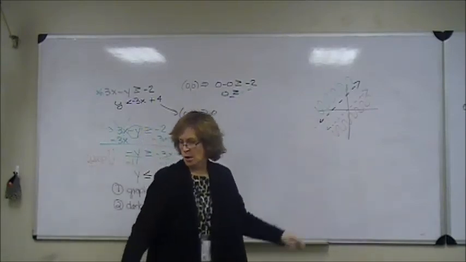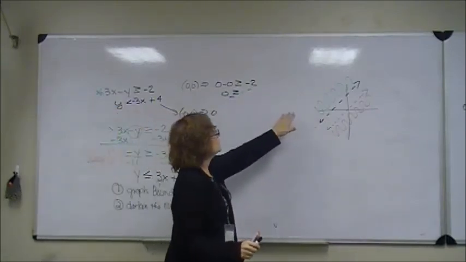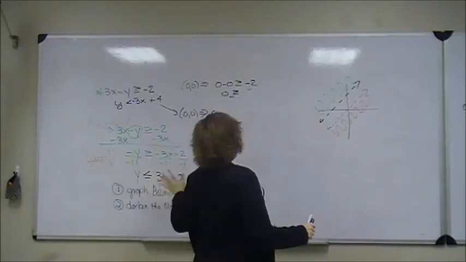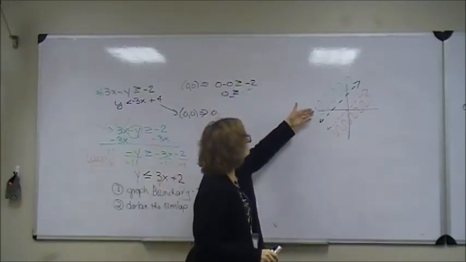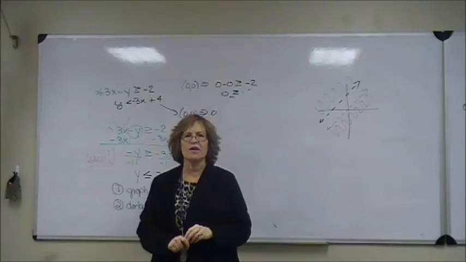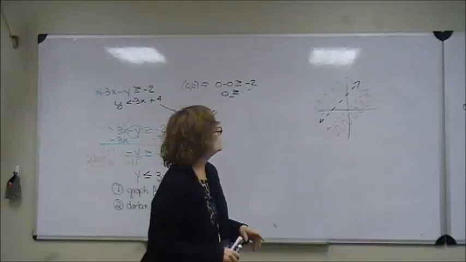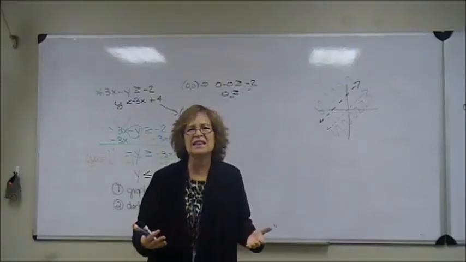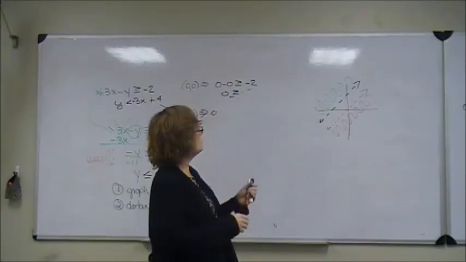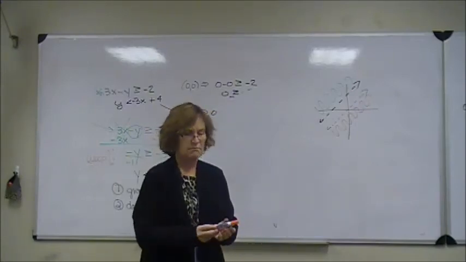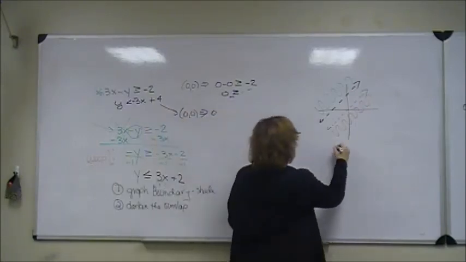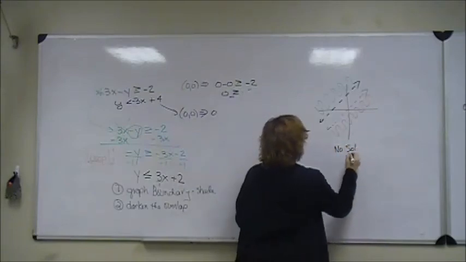Okay, up here on the board, I've drawn another graph of the system of inequalities. And you'll notice my green and my orange share nothing. So what do I have to darken? I don't have anything to darken. So what would be my solution in this case? There would be no solution. None.